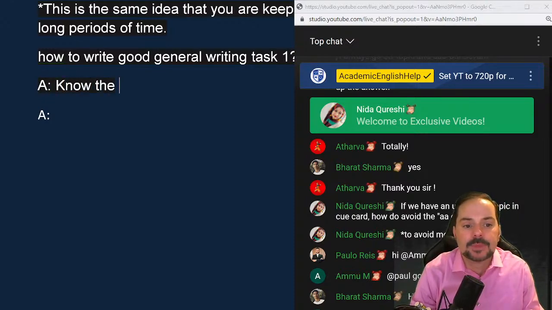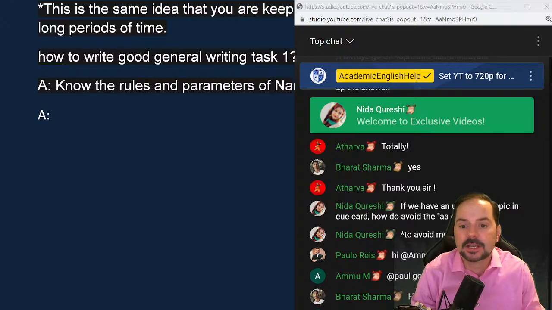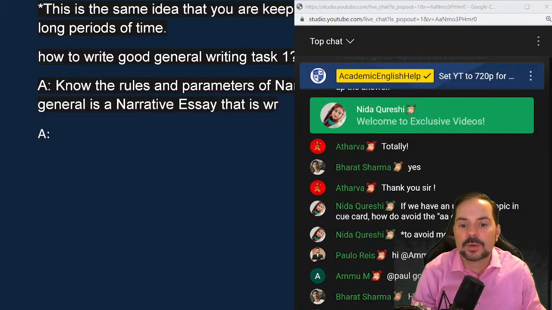Know the rules and parameters of narrative essay writing, as task 1 general is a narrative essay that is written in the first person voice.